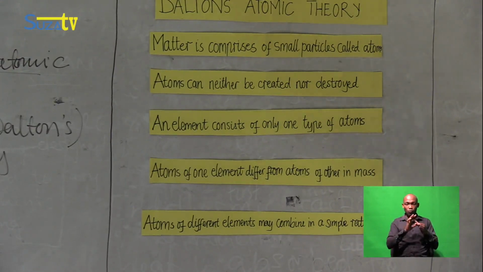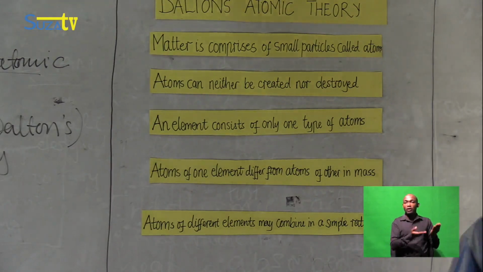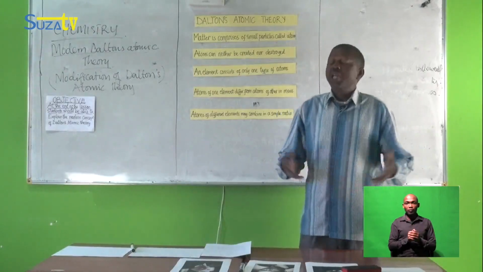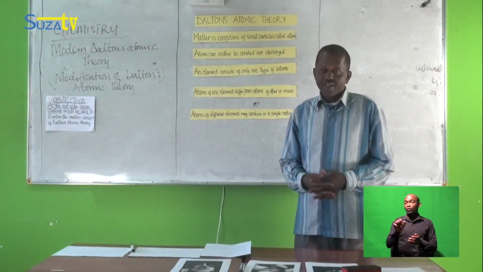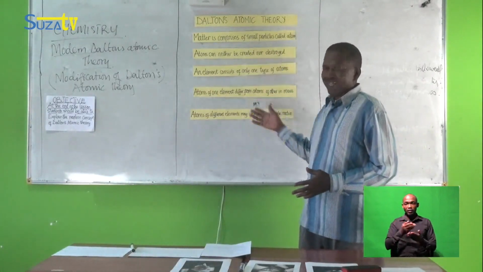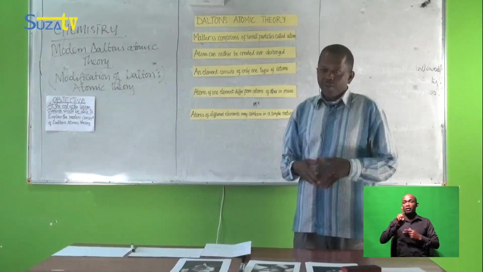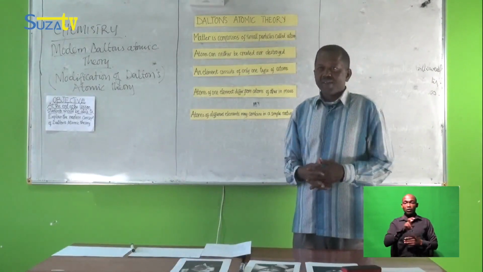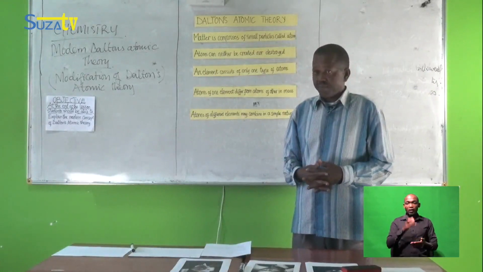Now, after Dalton theory, there were different scientists, which we can call modern scientists, working on Dalton theory to find the truth of Dalton.